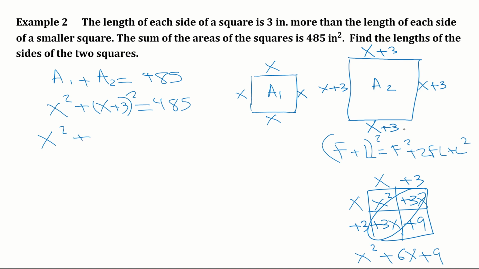So we get x squared plus 6x plus 9 equals 485. So now we combine like terms and we move everything to one side. So 2x squared plus 6x plus 9, that totally simplifies the left side.